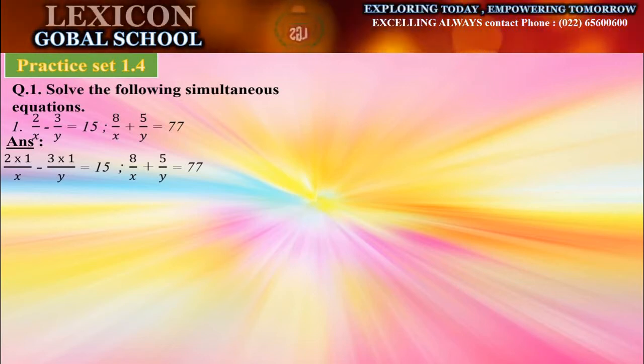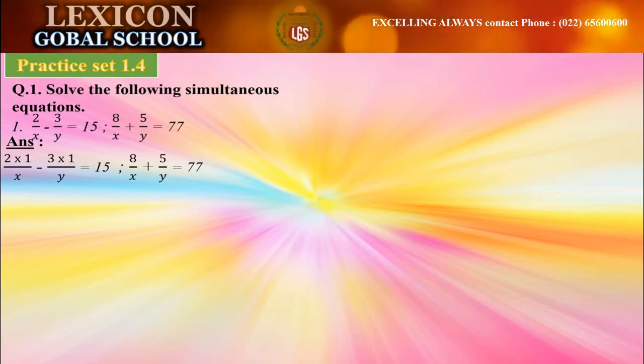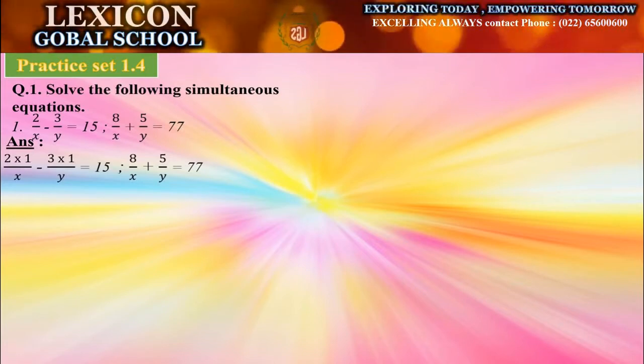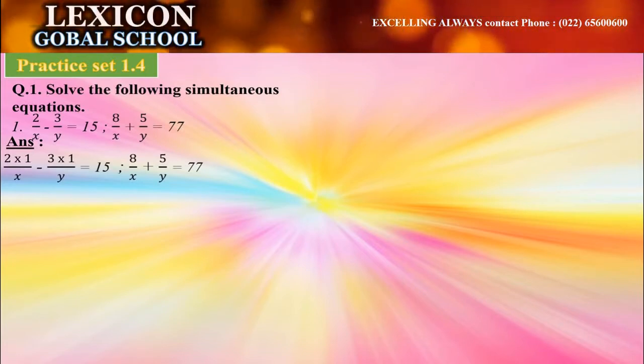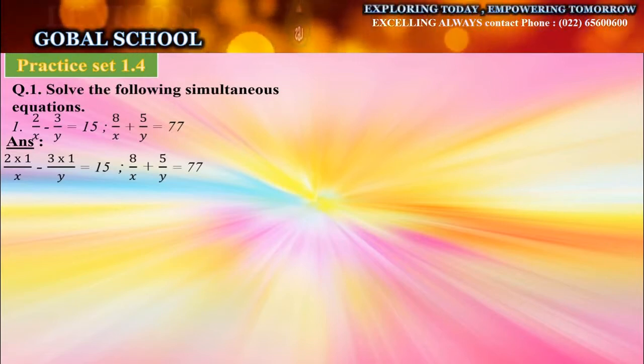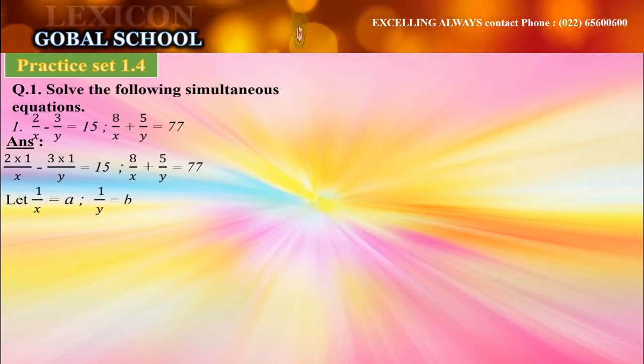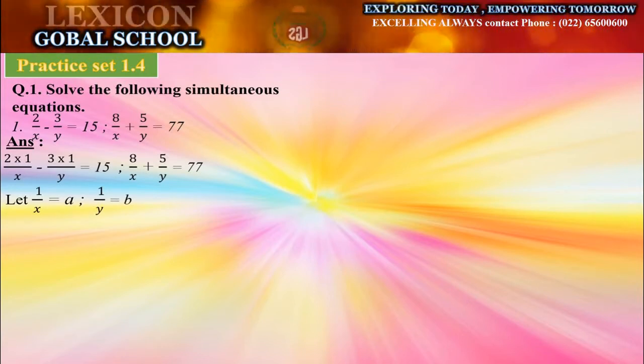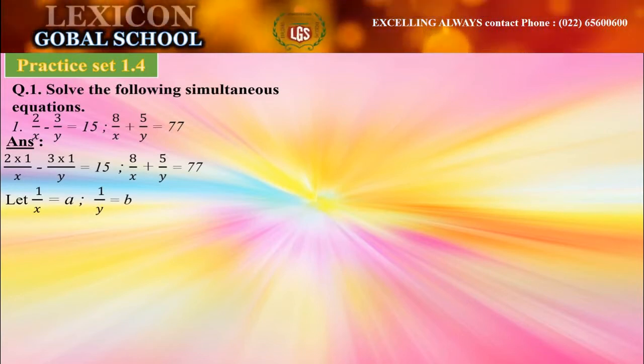First we would bifurcate the numerator. That means 2 into 1 upon x minus 3 into 1 upon y is equal to 15. Similarly, 8 into 1 upon x plus 5 into 1 upon y is equal to 77. So now we are going to substitute 1 upon x.